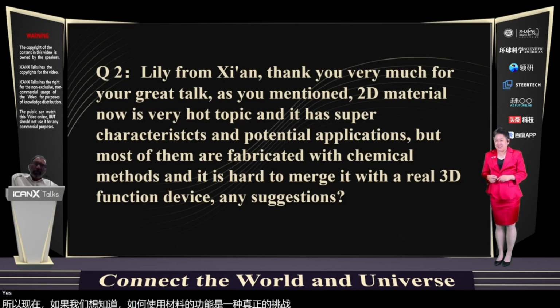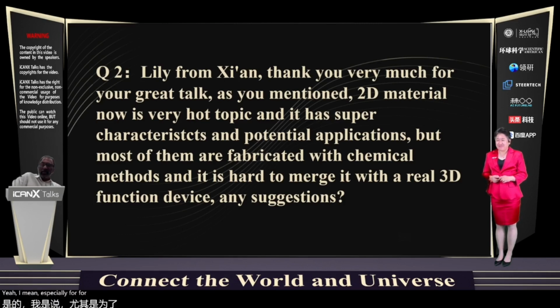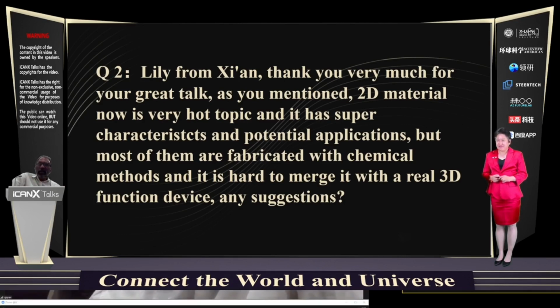Yeah, especially for devices and electronics, you probably want very pure, very controllable structures. But some applications do not need that. For example, if you're using this material for catalysis, it may actually be useful. It depends on the application you're looking at, and the quality of material is strongly correlated to the application.